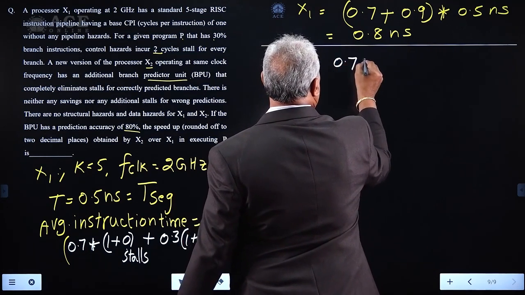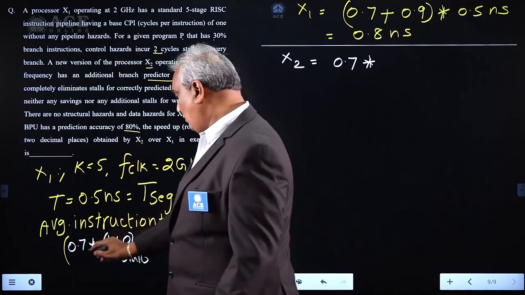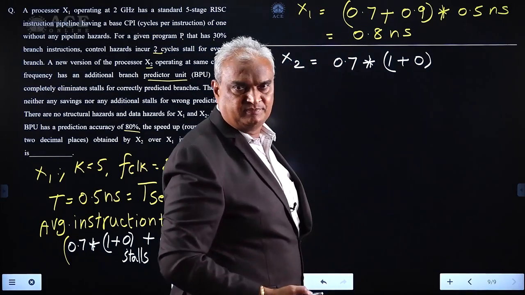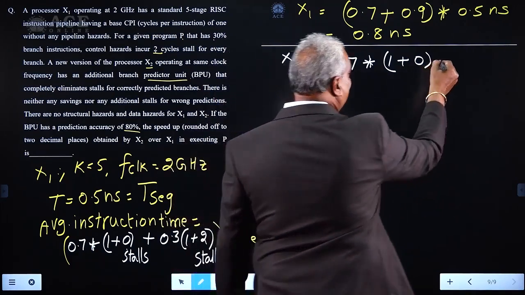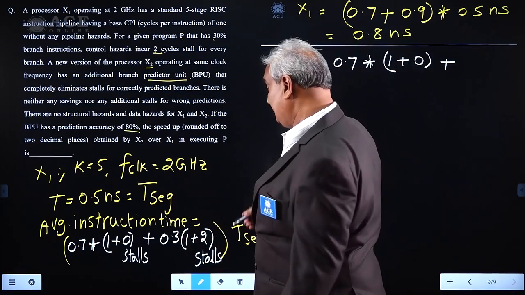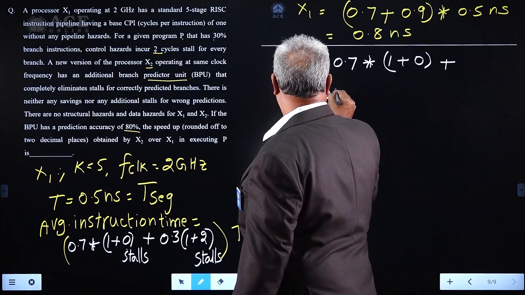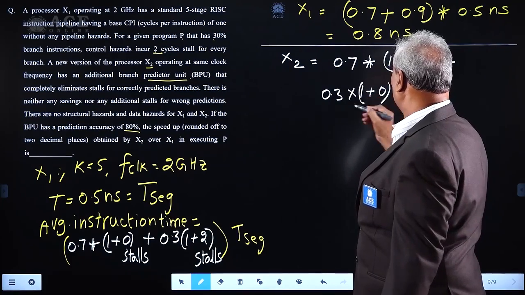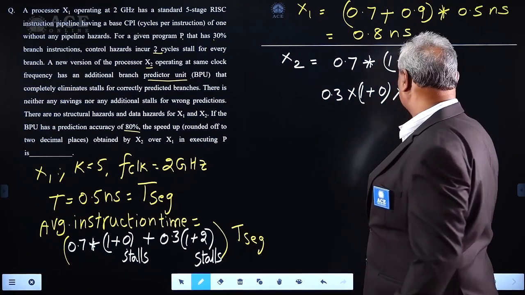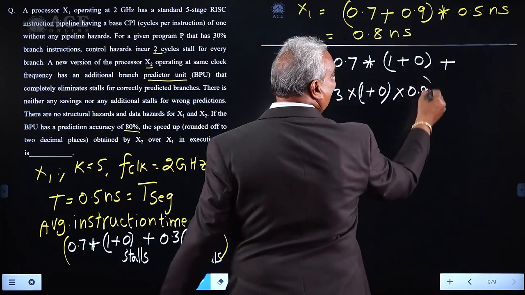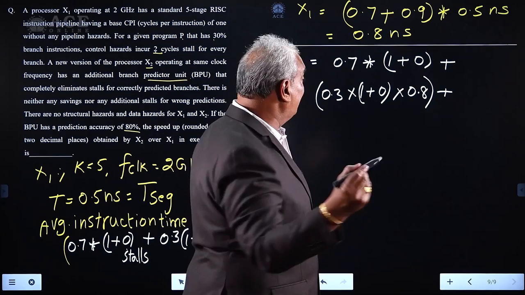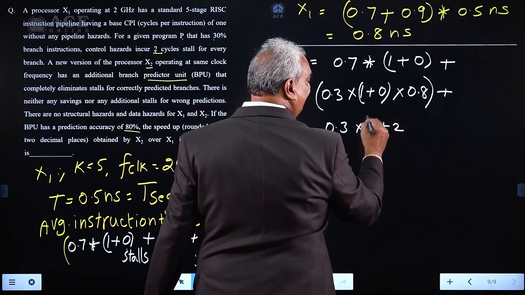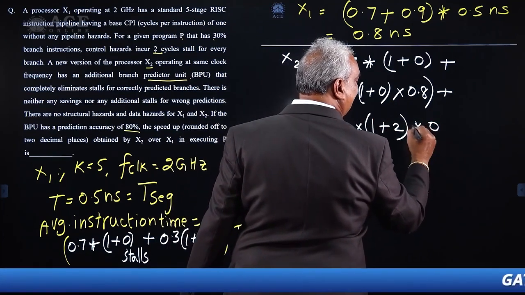0.7 into 1 plus 0. Here these are non-branch instructions, plus 30% branch instructions are there. In these 30%, 0.3, 1 plus 0, no stalls are required for 80%, which means 0.8, plus stalls are required for only 20%, which means in these 30%, 2 more stalls are required for only 20%.